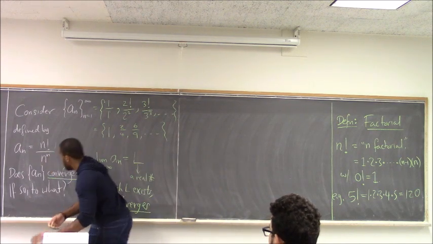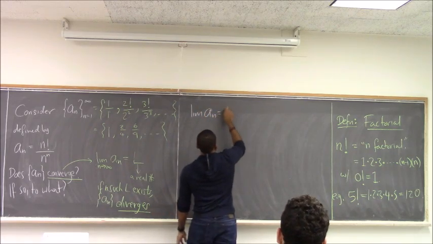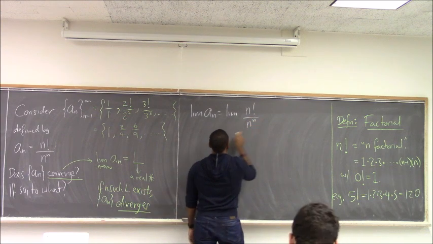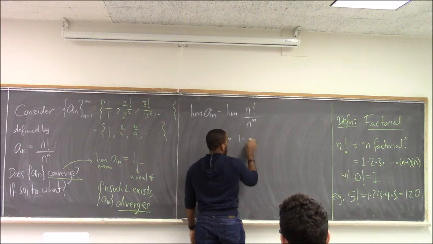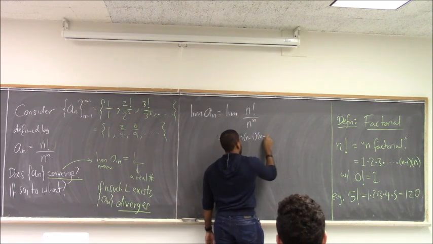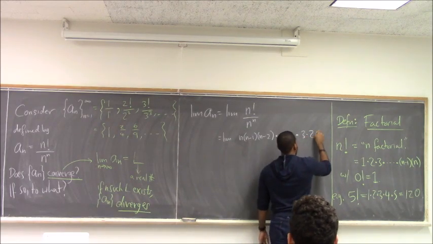So, all right, we want to take the limit of a_n, which in fact means the limit of n factorial over n to the n. So you thought of n factorial by the definition. You did it the other way, but it's fine. n times n minus 1 times n minus 2 times going all the way down to 3 times 2 times 1.